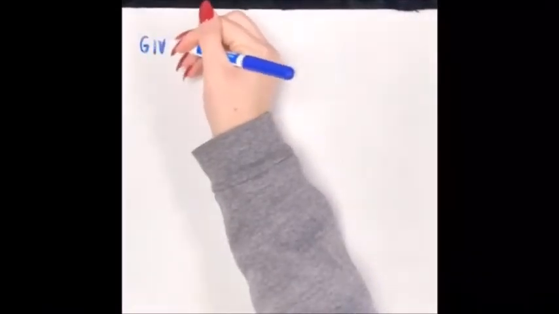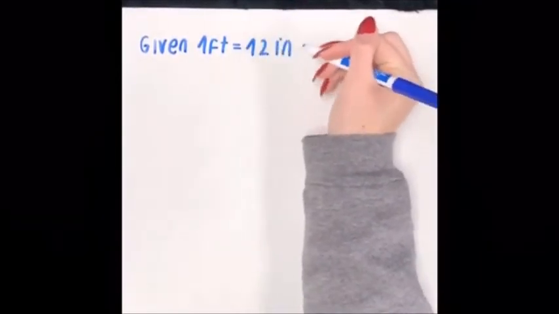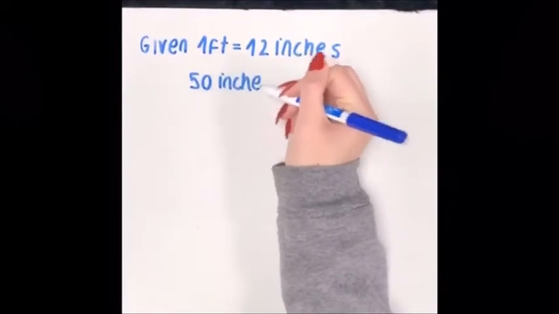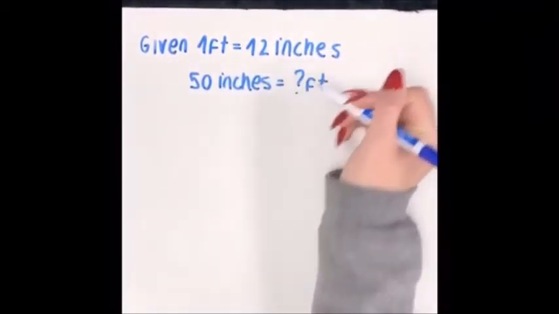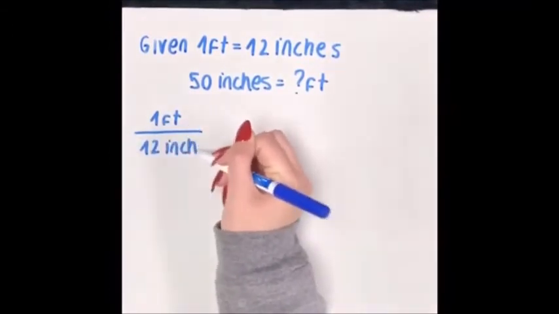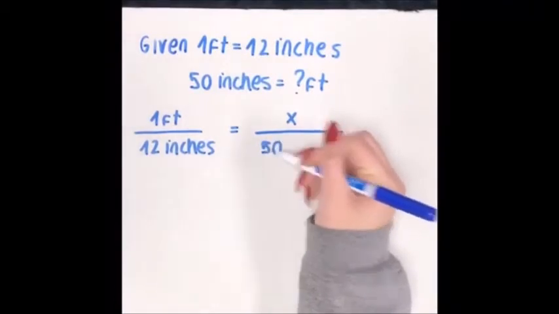For this equation, you are given that 1 foot equals 12 inches. And you're trying to find out how many feet equals 50 inches. First, you set up an equation of 1 foot over 12 inches equals x over 50 inches.